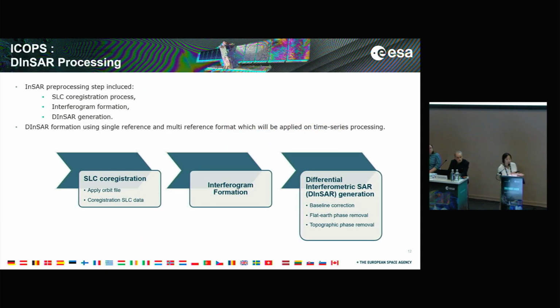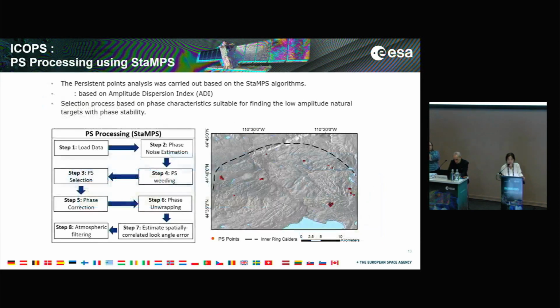The pre-processing step includes the essential registration process and interferogram formation, and these are generated using single reference and multi-reference formats, which will be applied in time series processing. PS processing needs a single reference, and DS processing needs a multi-reference format, so we make both of them.